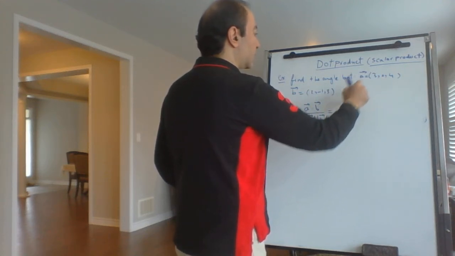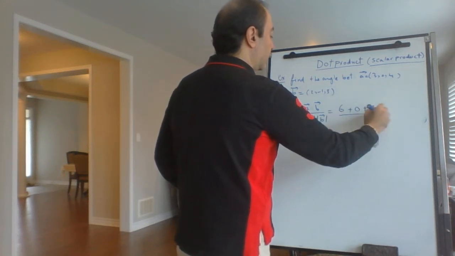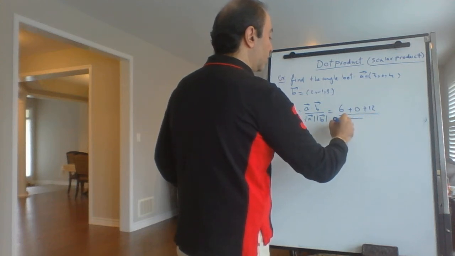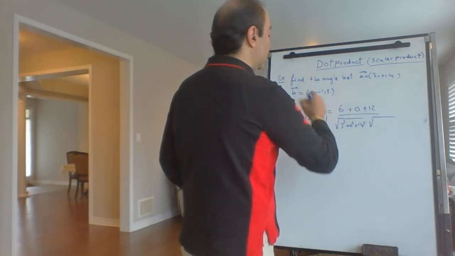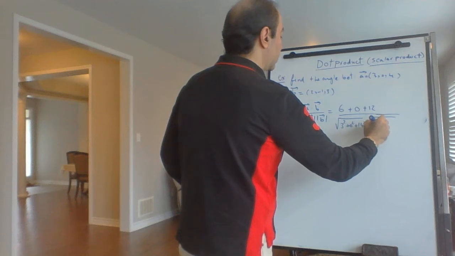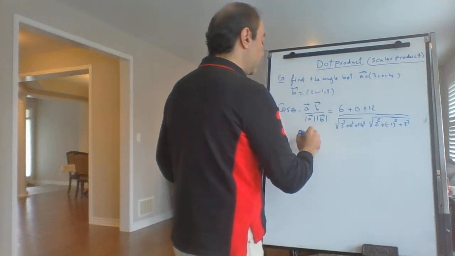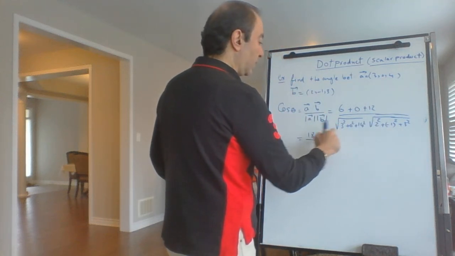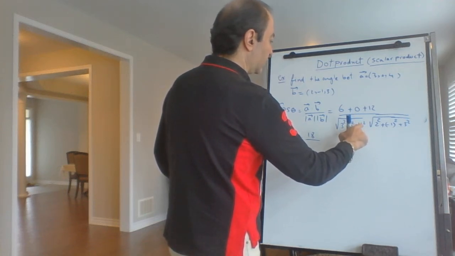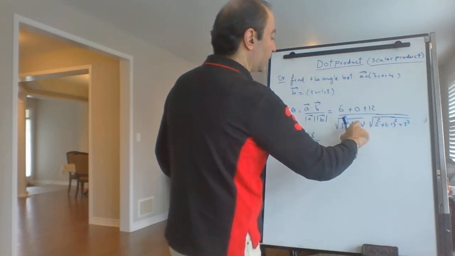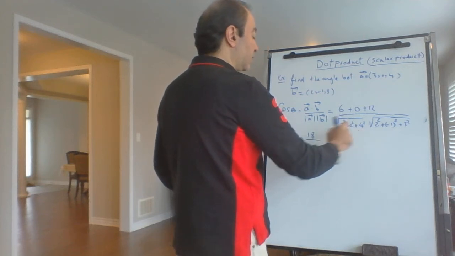3 times 2 is 6, plus 0, plus 12, over the magnitude of A, so the square root of 3 squared plus 0 squared plus 4 squared, times the magnitude of B, which is the square root of 2 squared plus negative 1 squared plus 3 squared. So this will be 18 over... 3 squared is 9, 4 squared is 16, sorry. 9 plus 16 is 25, so that's 5.